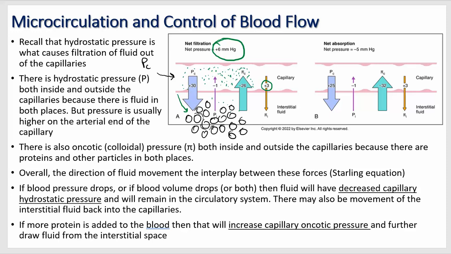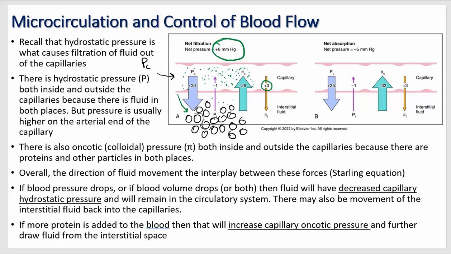Those four things, it's important to remember those. We have capillary hydrostatic pressure. We have interstitial hydrostatic pressure out here. And we can see that they're pushing and pulling. This is just pressure, fluid pressure, blood pressure.